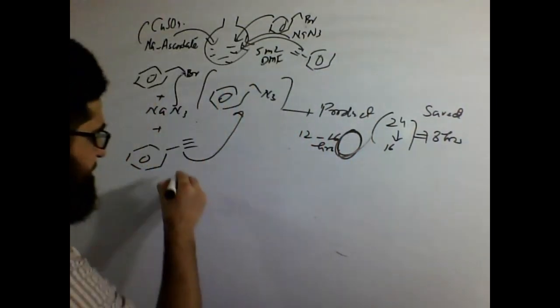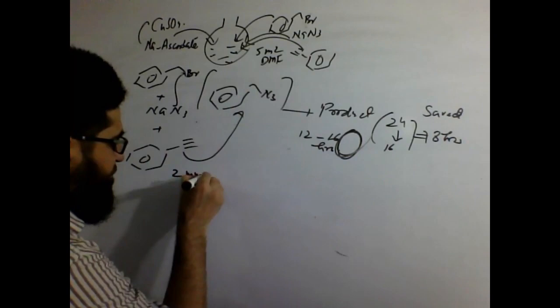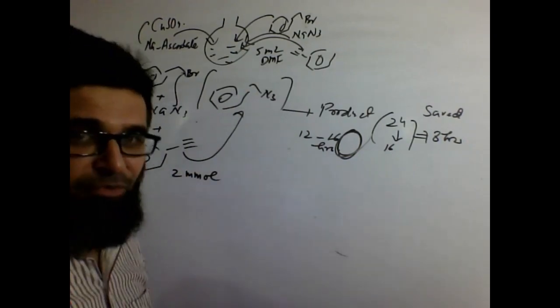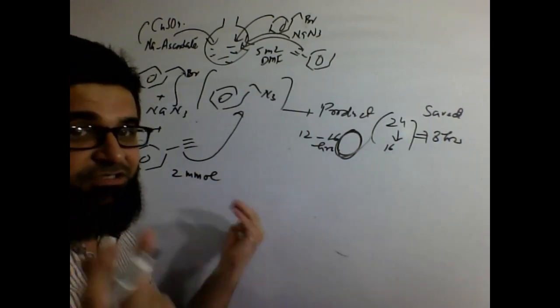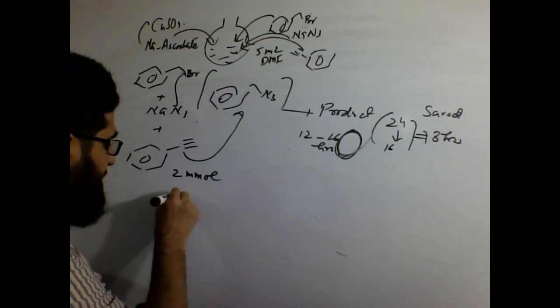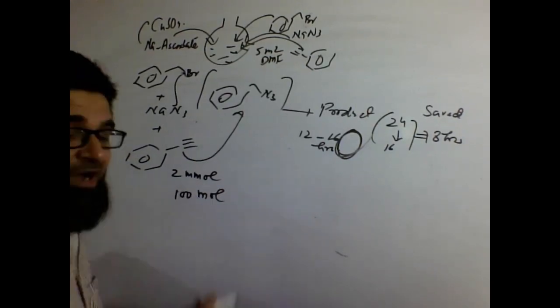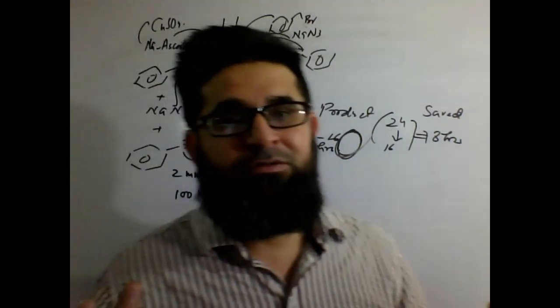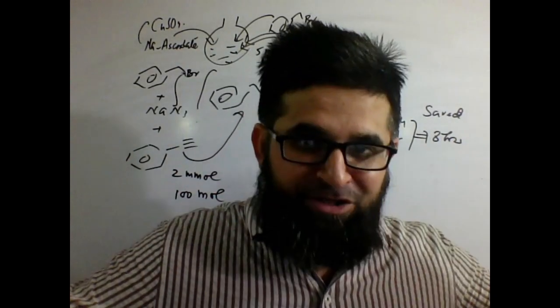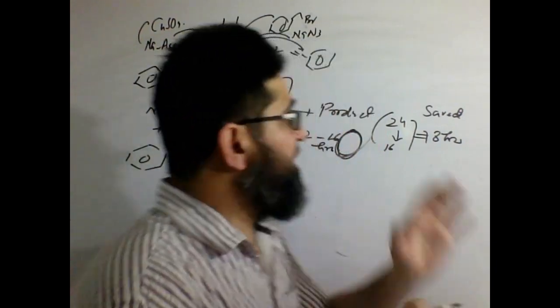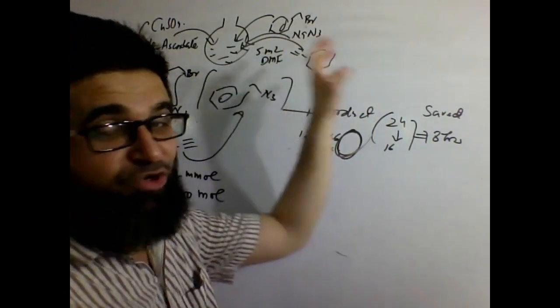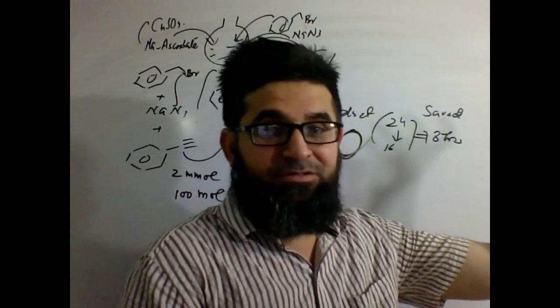We were discussing to run the reaction on 1 or 2 millimole scale. In industry, such reactions are run on, let's say, 100 moles, 100 kilos. So if that much amount is going to be used, your DMF is going to be used in many liters.